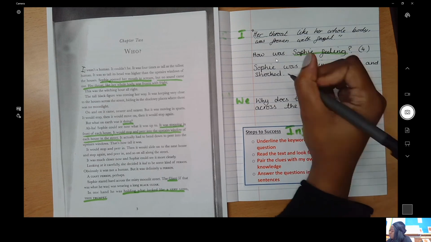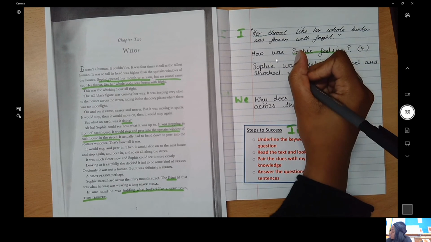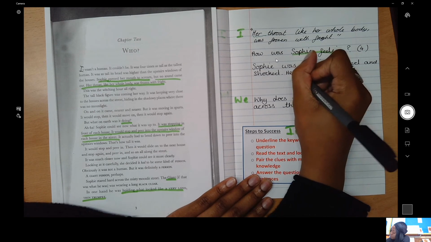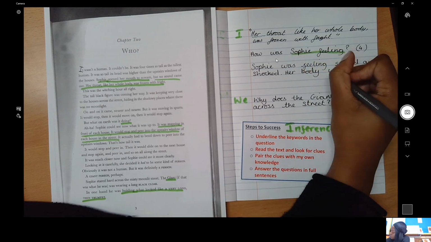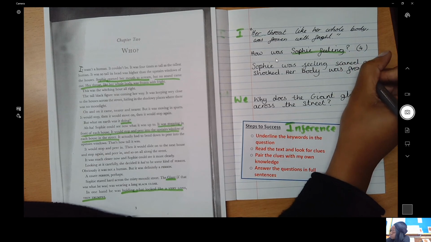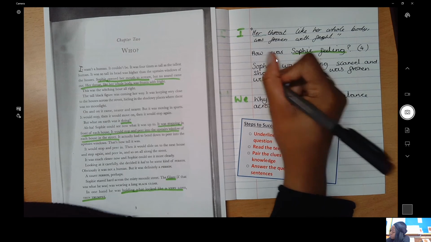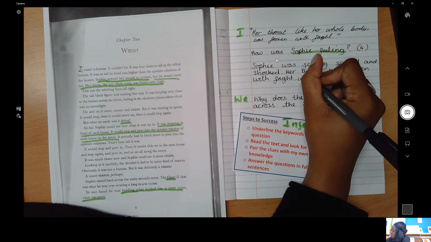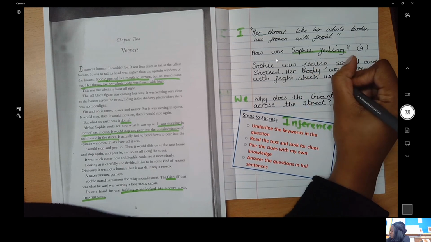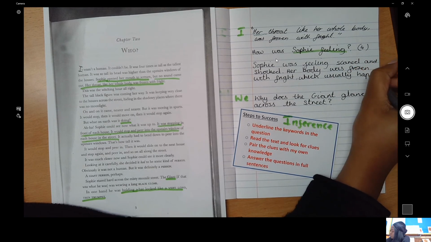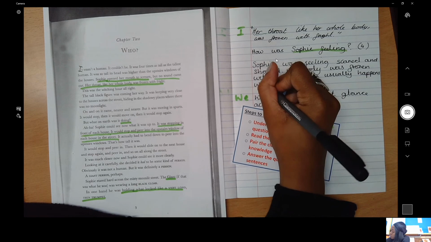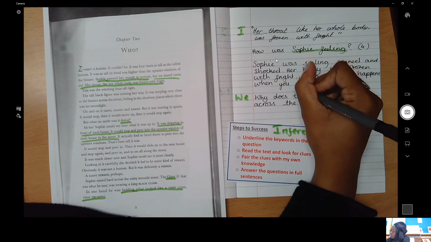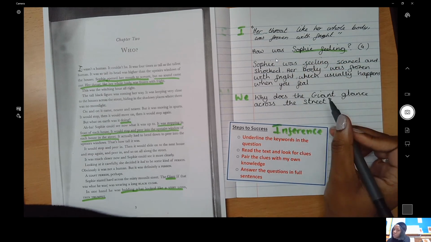So we know Sophie was feeling scared and shocked, and I'm just going to explain how I know this. Well, her body was frozen with fright, which usually happens when you feel, oh, and I spelled feel wrong, so what do I do?